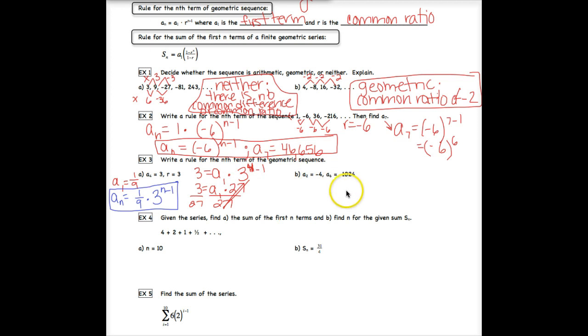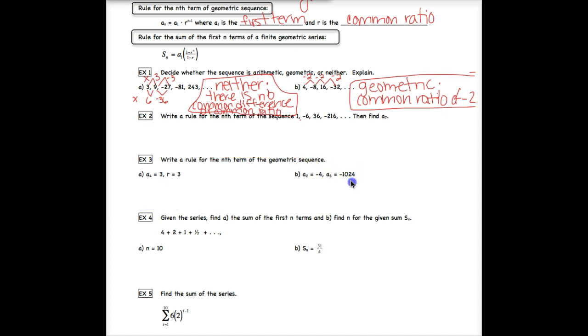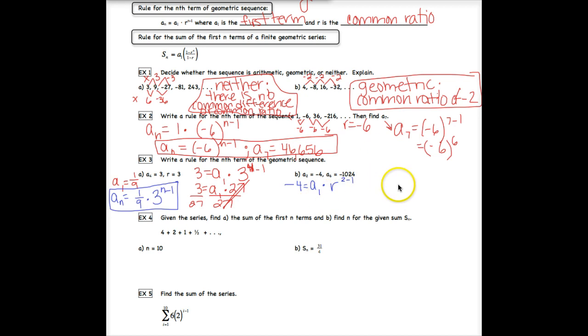All right, next one. It says a sub 2 is negative 4, and a sub 6 equals negative 1,024. So I can plug both of those in. So that means negative 4 equals a sub 1 times r to the 2 minus 1, and negative 1024 equals a sub 1 times r to the 6 minus 1.